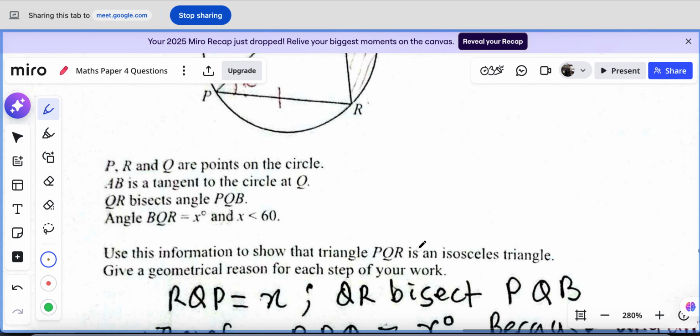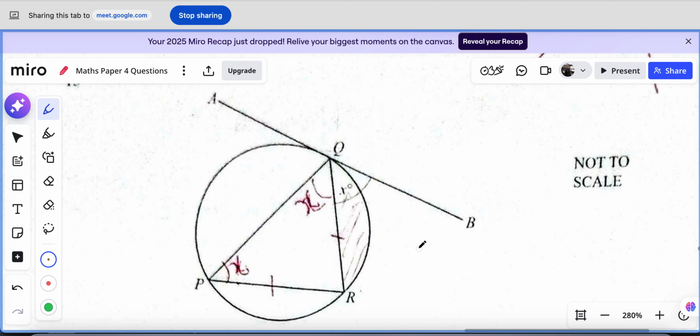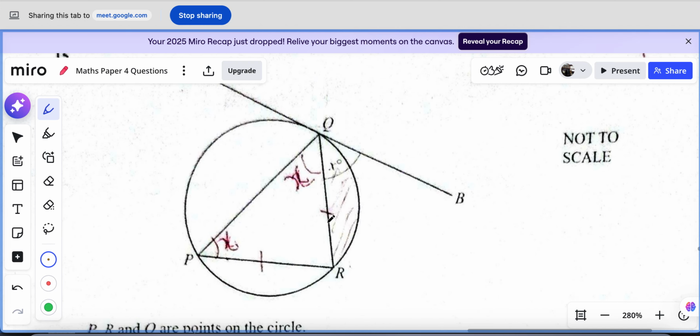Now we say QR bisects angle PQB. See this PQB, this QR cuts it into equal parts.